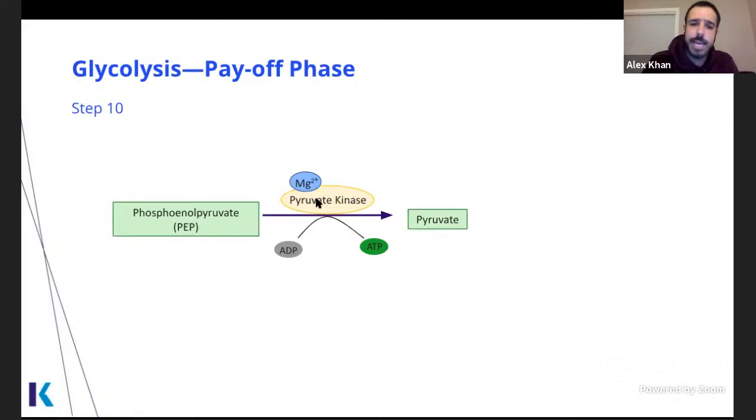So pyruvate kinase is a very important enzyme to remember because it is the third irreversible step, and this step is catalyzed by pyruvate kinase.